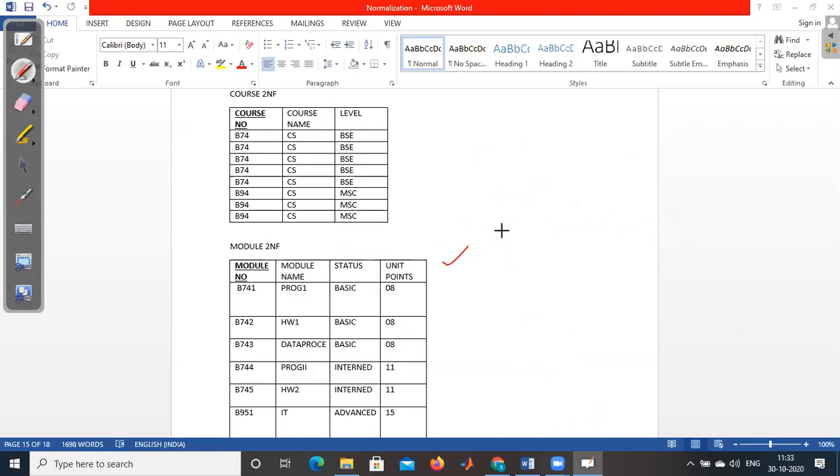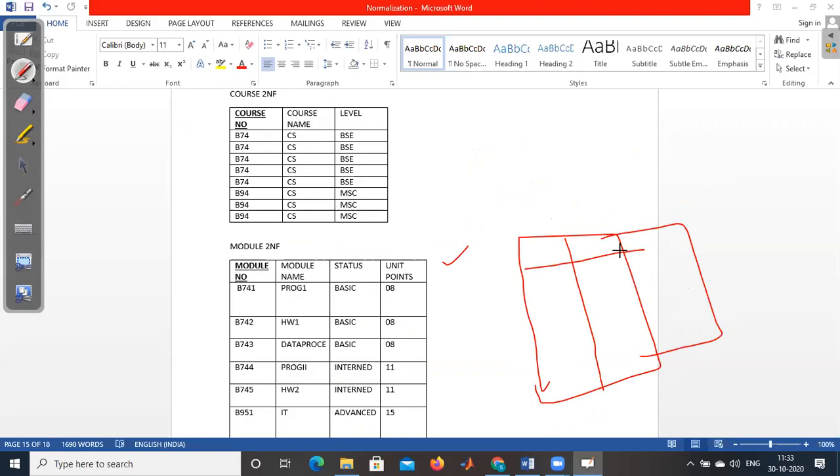So we decompose that into module number, next module name.